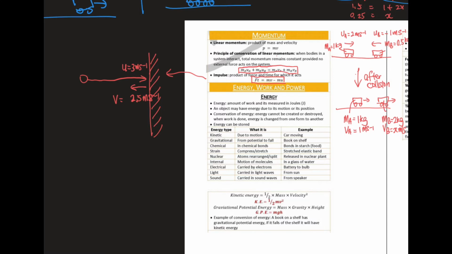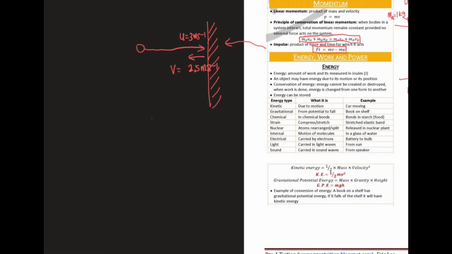Okay. So you see, I put it in two situations. I assume here to be positive. Then my u is positive 3, my v is negative 2.5.